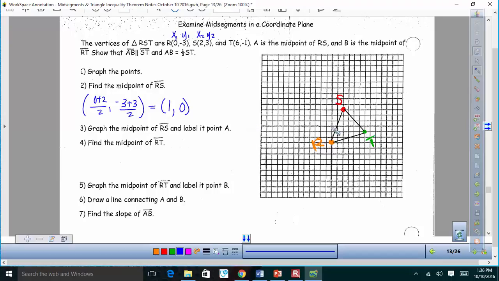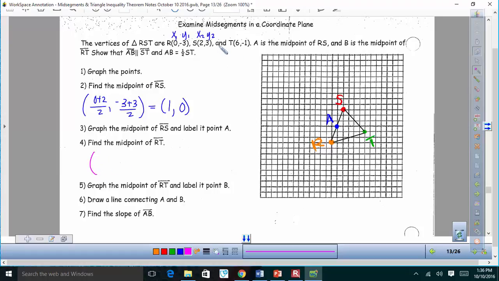So one of my midpoints is going to be at 1, 0, so I'm going to go right 1, and then I don't go up or down at all. So this is going to be A, because they told me to label it A. Then I'm going to find the midpoint of RT.